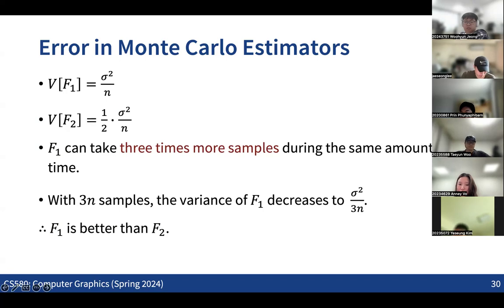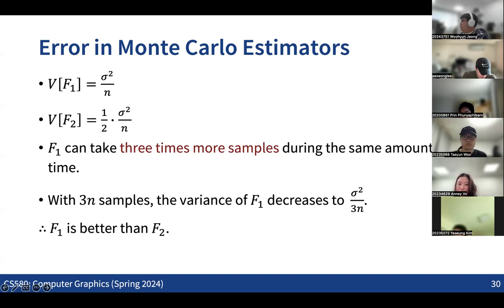When you think about the same amount of computation time, F1 will be 3 times faster than F2, which means F1 will have 3 times more samples for the same amount of time. So when you have not n samples, but 3n samples, then the variance of F1 decreases to this. So we need to compare this variance with the variance of F2 here, right?